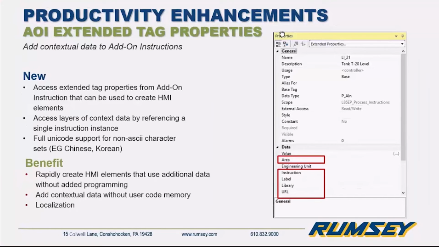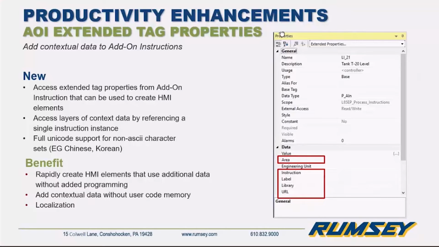Not a big deal. The other thing that we are bringing in again is the concept of the extended tag properties. So again, this kind of takes Logix's tags and extends them across the suite all the way out to view and visualization. So now when you define a tag, you can define different extended properties, and these will be migrated out to our HMI elements or anything else.